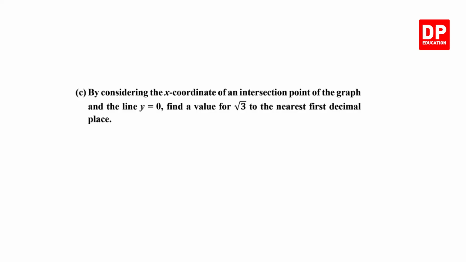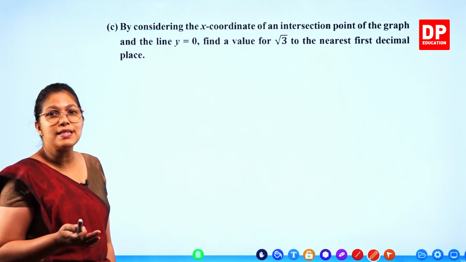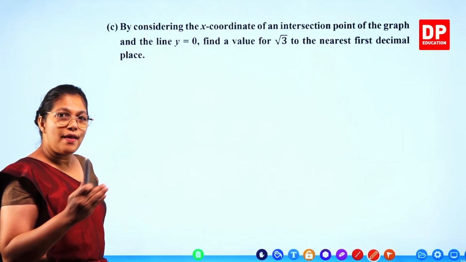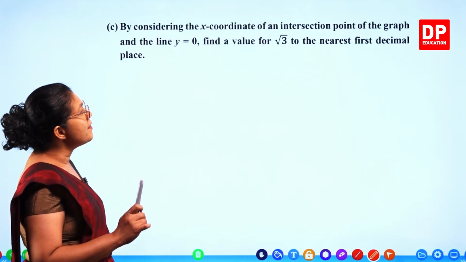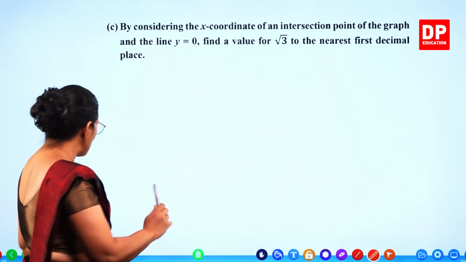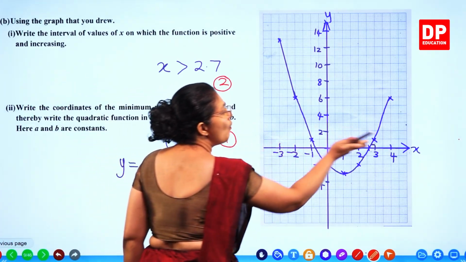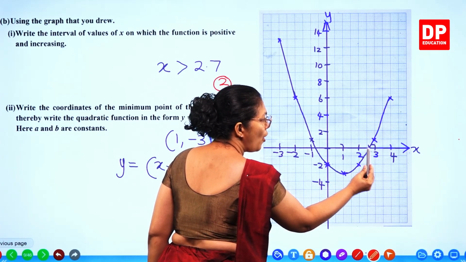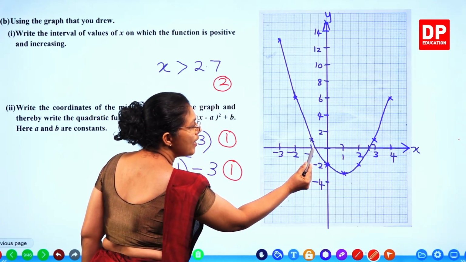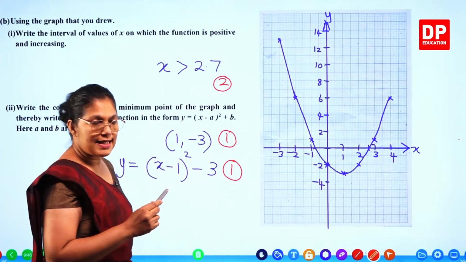Let's say part C. By considering the x-coordinate of an intersection point of the graph and the line y equals 0. What is y equals 0? That's the x line. Find a value for root 3 to the nearest first decimal place. So when you refer to the graph, when y equals 0, what are the 2 points? One point is 2.7 and the other point is minus 0.8.